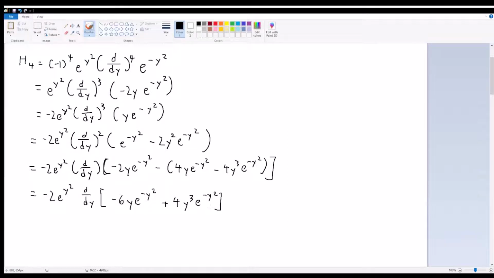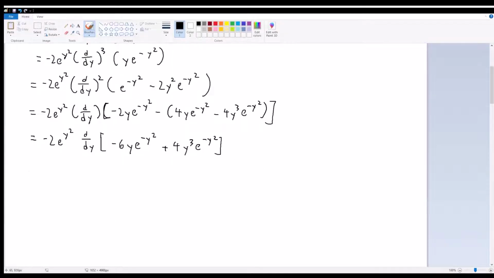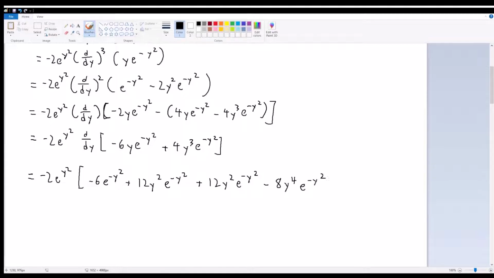Then we derive this one final time, and this is going to give us negative 2e to the y squared multiplied by product rule twice, so negative 6e to the negative y squared plus 12y squared e to the negative y squared, because that brings down a negative 2y, and then plus 12y squared e to the negative y squared minus 8y to the fourth e to the negative y squared.